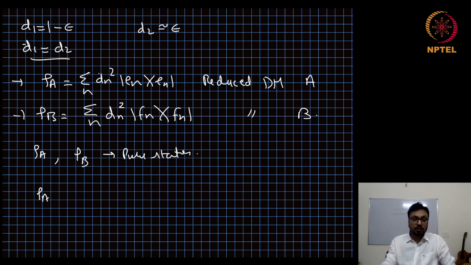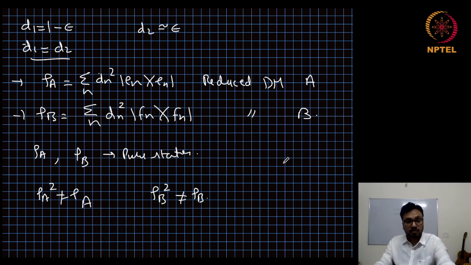So it means rho A square is not equal to rho A, and rho B square is not equal to rho B. So it seems like the purity of the reduced density matrix can be a good measure of entanglement.